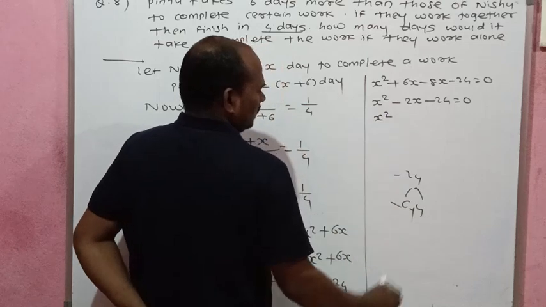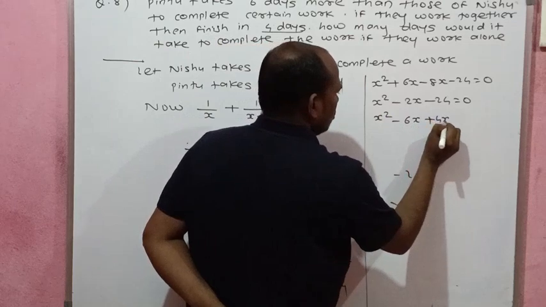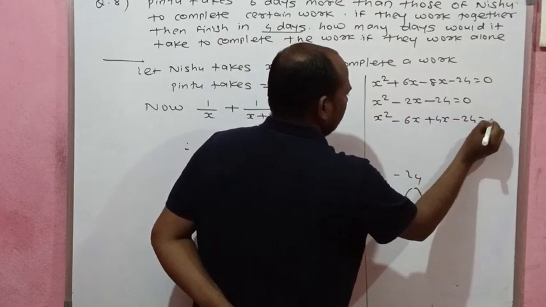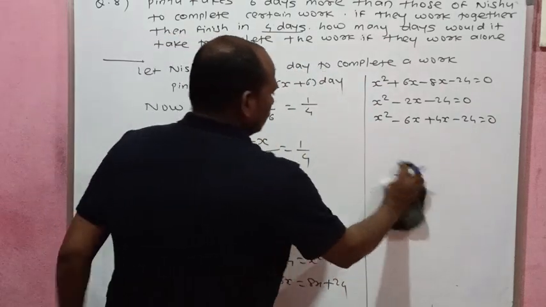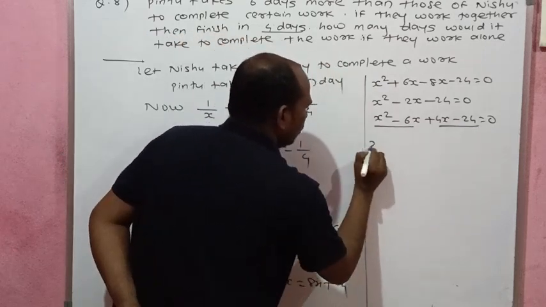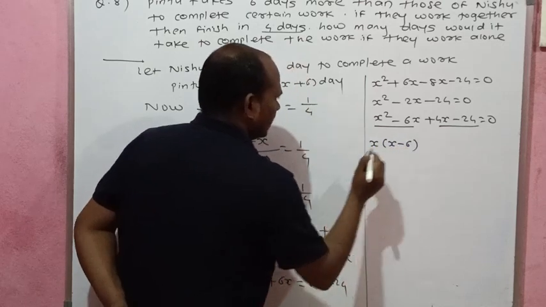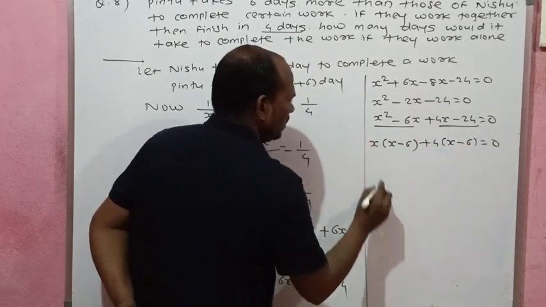Now x square, that is minus 6x plus 4x minus 24 equal to 0. Now we can take x common, answer x minus 6, we can take 4 common, answer x minus 6.